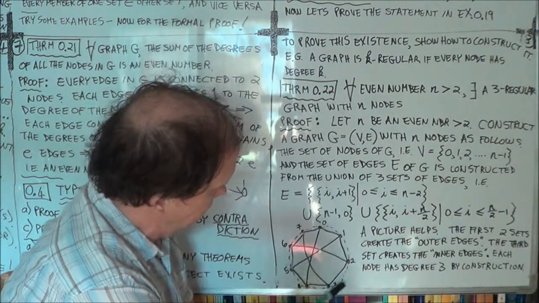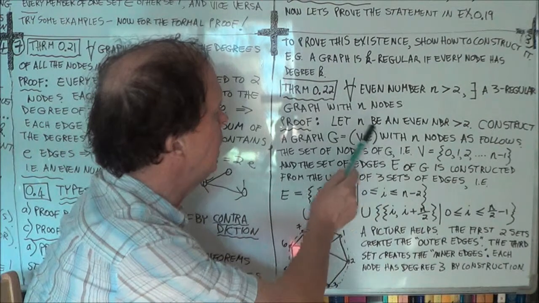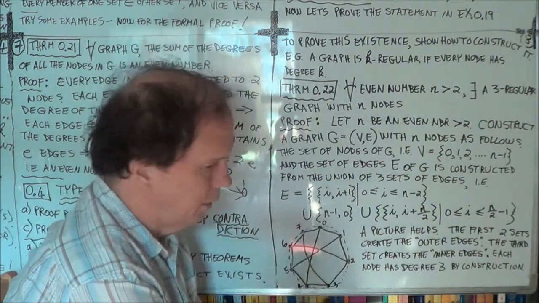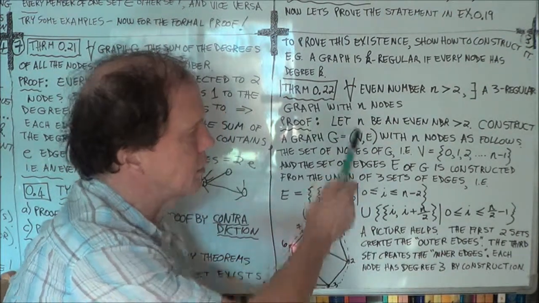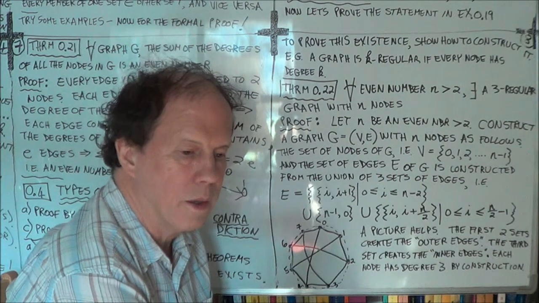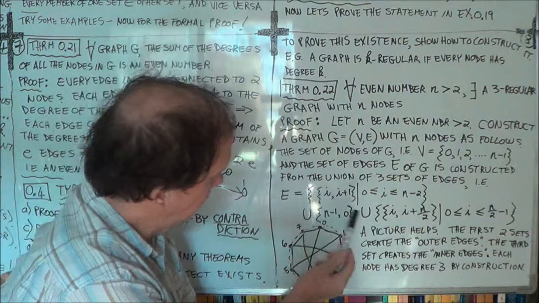So here's an example, not the general case, not for general n, but for 8 nodes. That's often the way. If you don't know how to tackle it generally, go for a concrete, specific case. So I'll try it for 8.